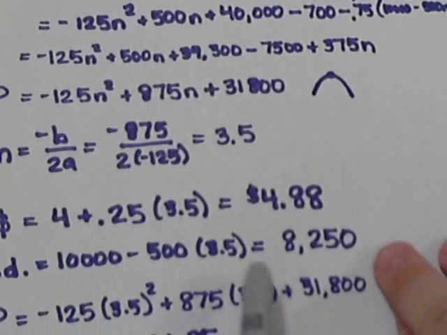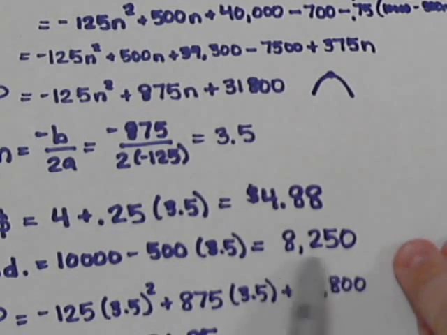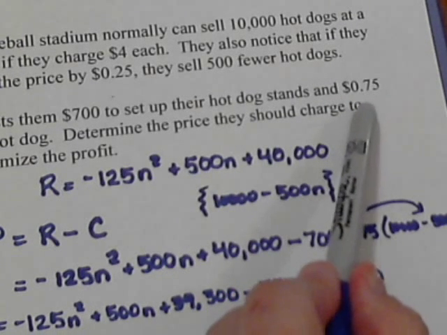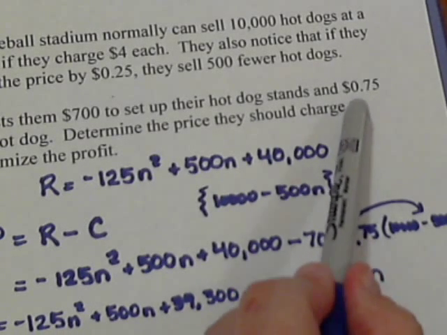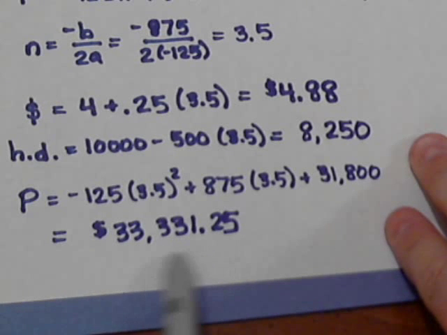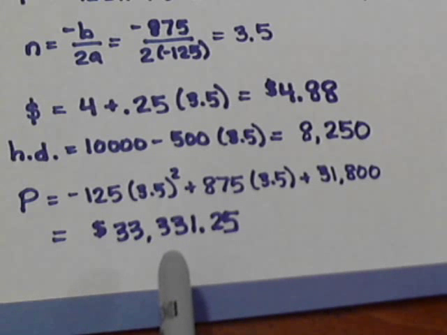And then for each of these 8,250 hot dogs we're going to sell, it's going to cost us 75 cents in materials: hot dog bun, mustard, napkins, stuff like that. And so that's why our maximum profit is a lot lower than our maximum revenue, which really makes sense. $33,331.25.